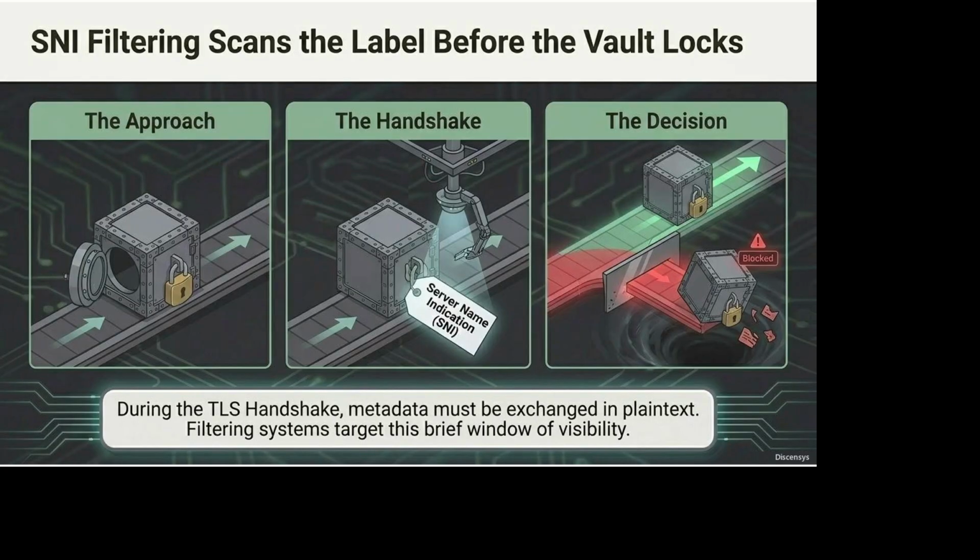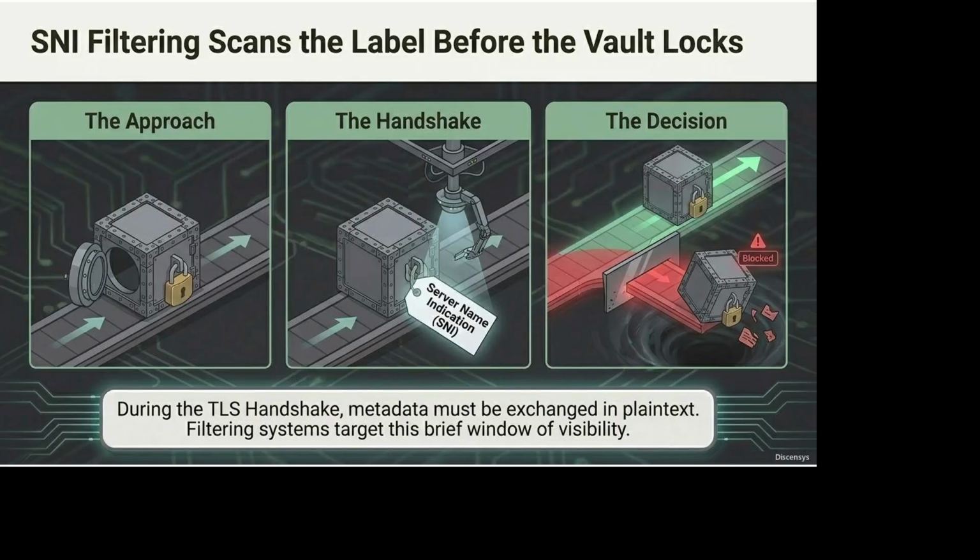So moving forward, SNI filtering scans the label before the vault locks. Suppose before encryption begins, the browser and server exchange some information. One important piece of information is the Server Name Indication, that is the SNI. Understanding with the story, before locking a parcel, the shipping label is still visible, and filtering systems quickly inspect this label.